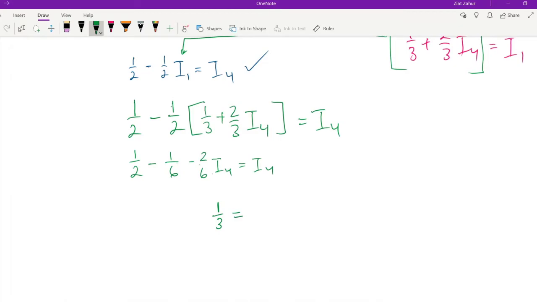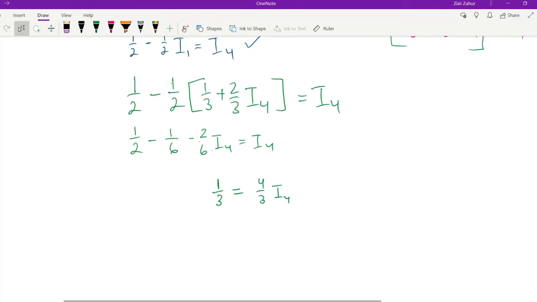And then here we're going to add 1/3 to 1, which is 4/3. Finally, go and multiply by the reciprocal. The 3s cancel, giving you I4 is equal to 1/4. So 0.25 amps.